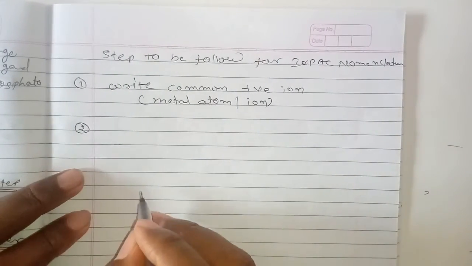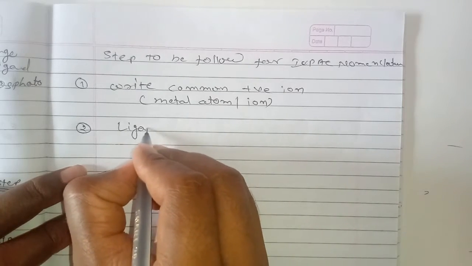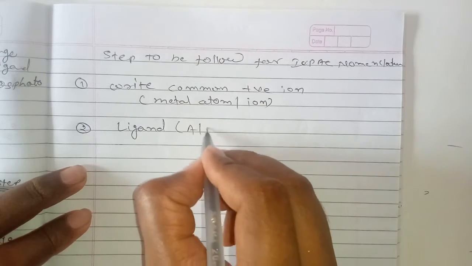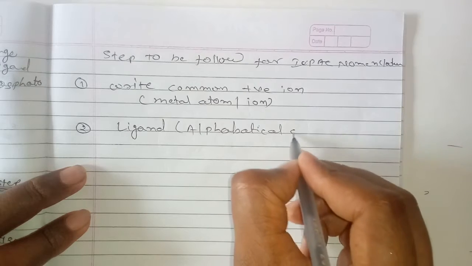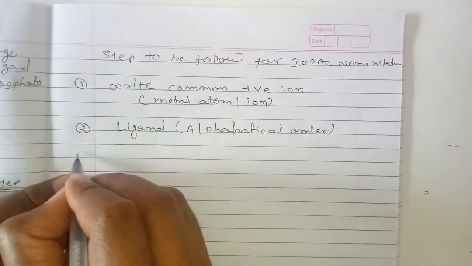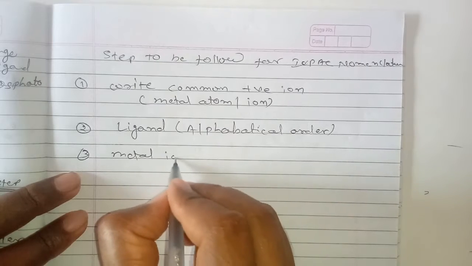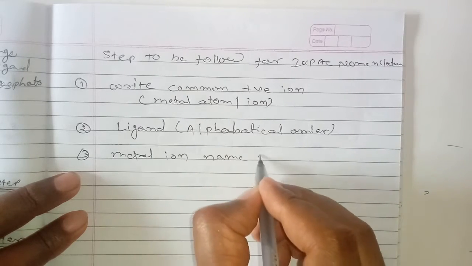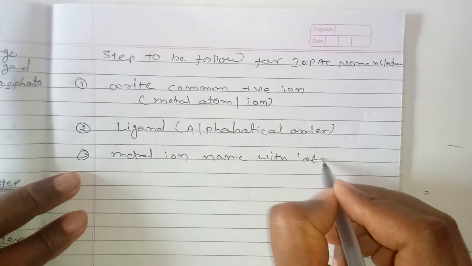Then the second step is to write the ligands in alphabetical order. Number 3 is the metal ion name with the -ate suffix.